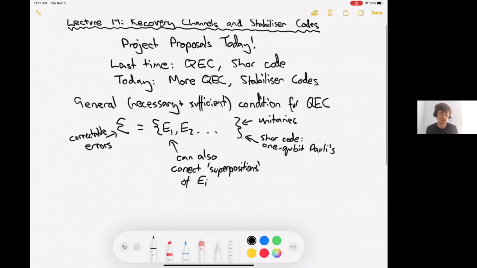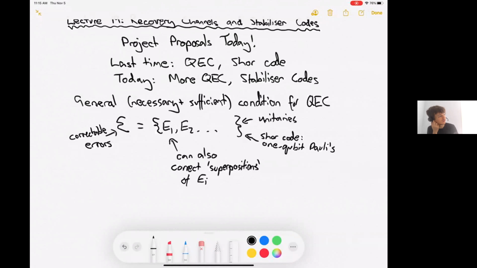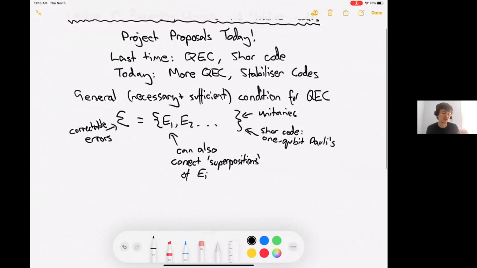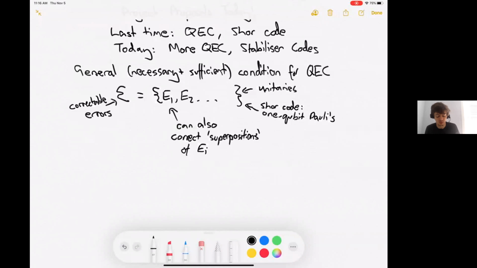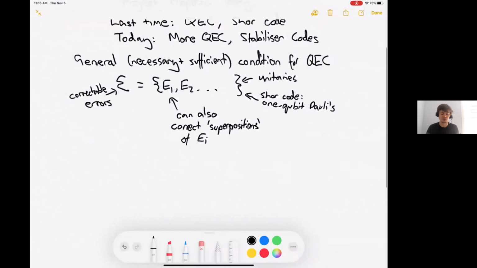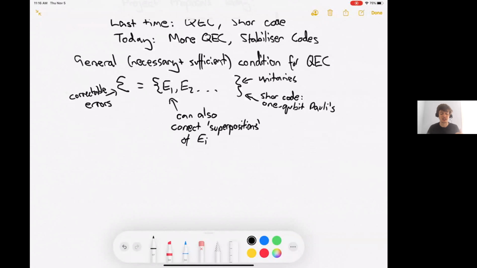That lets you regard any arbitrary operator getting applied to that 1 qubit as creating a state that's a superposition of nothing having happened, an X gate having been applied, a Y gate having been applied, and a Z gate having been applied. And so our error correcting process automatically both determines which E_i it was and recovers from that E_i.